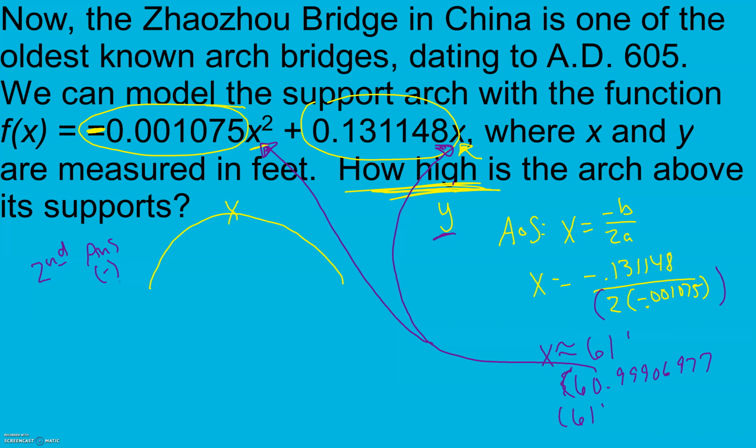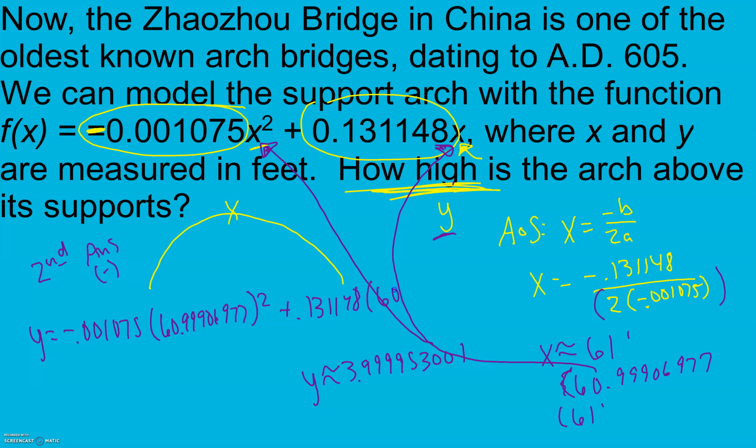Yeah, so here I get y to be approximately 3.999953001. And I got that by taking and substituting into my function the 60.9990697 squared, and then my x value again.